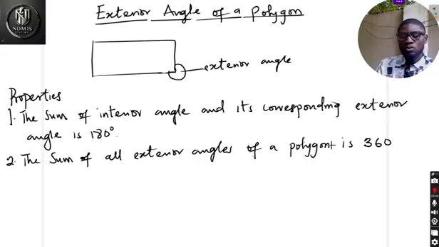There is also a relationship between the sides of a polygon and the exterior angle. What does the relationship state? We should put that down too.